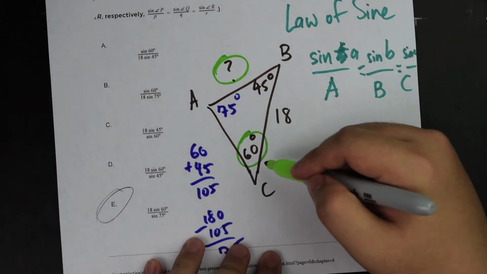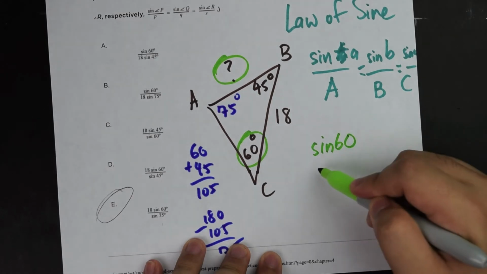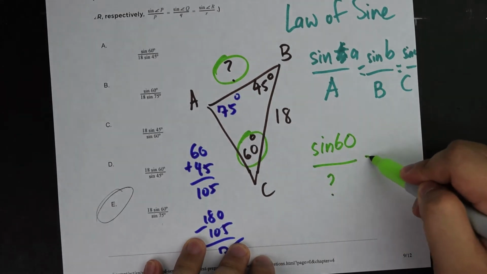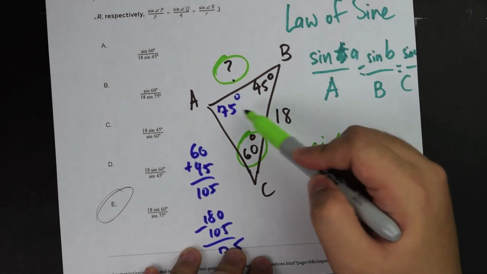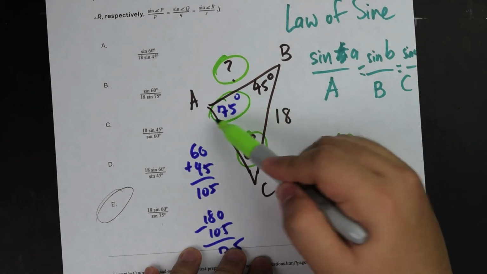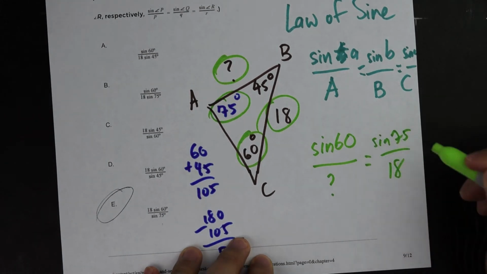Because they're right across from each other, I set it up as sine 60 over the question mark, or x, I called it x, but that's fine. I also used the 75 and 18 because I'm given an angle and a side I could use here, so I did sine 75 over 18.